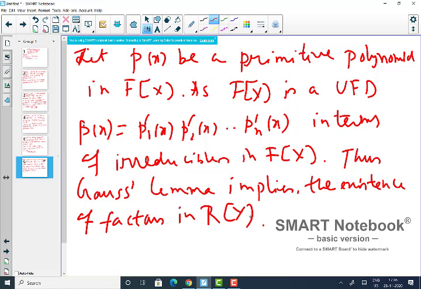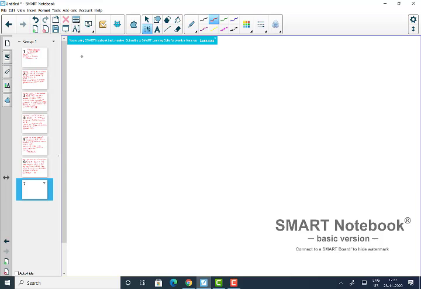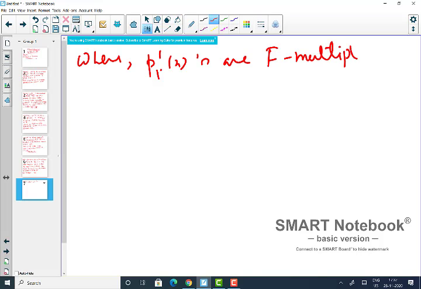Whenever you have irreducible factors inside F[x], you can write P(x) equal to P1(x), P2(x), ..., Pn(x), where these are F-multiples of the Pi'(x).